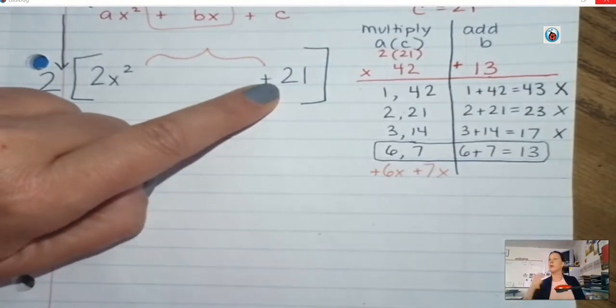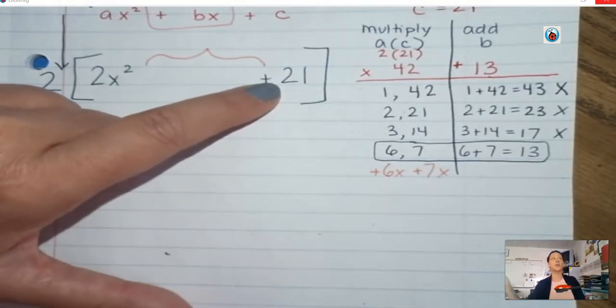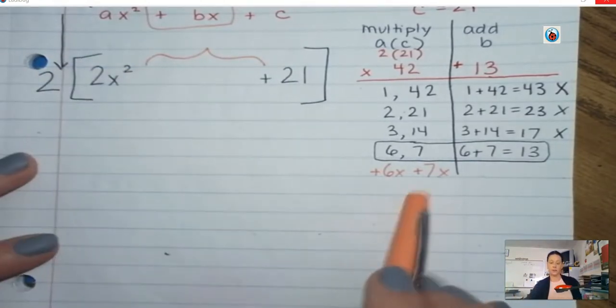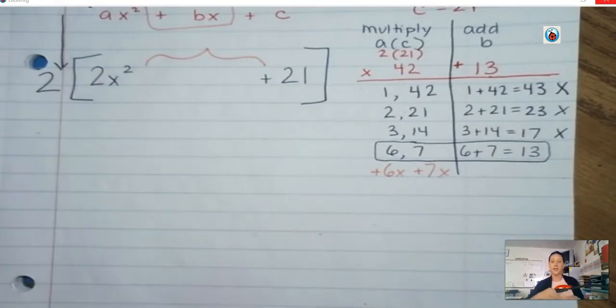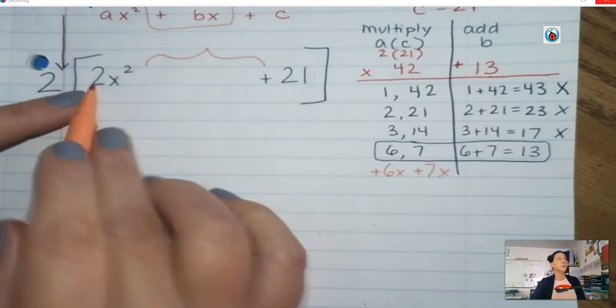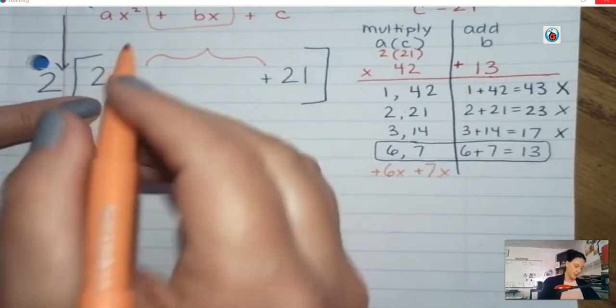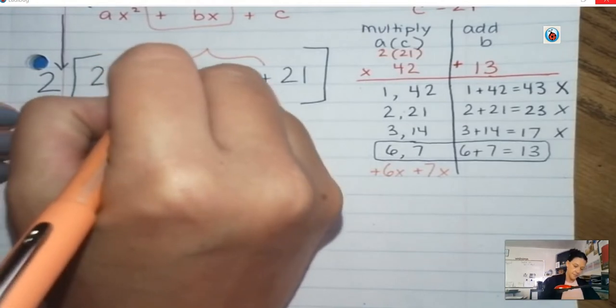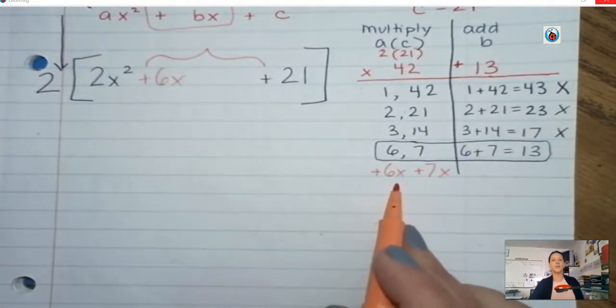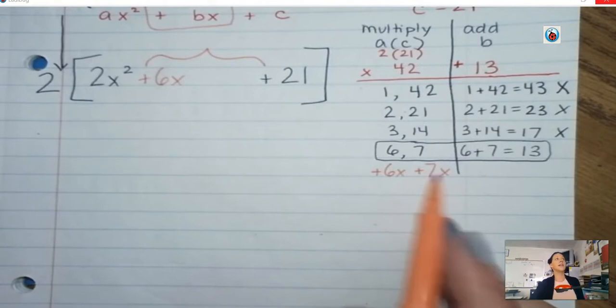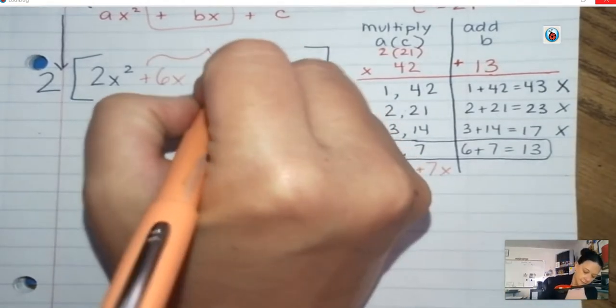You have to think about what factors can be multiplied, and that they share the same numbers. So 2 makes more sense to go with the 6x, so let's put plus 6x first, and then second put plus 7x.